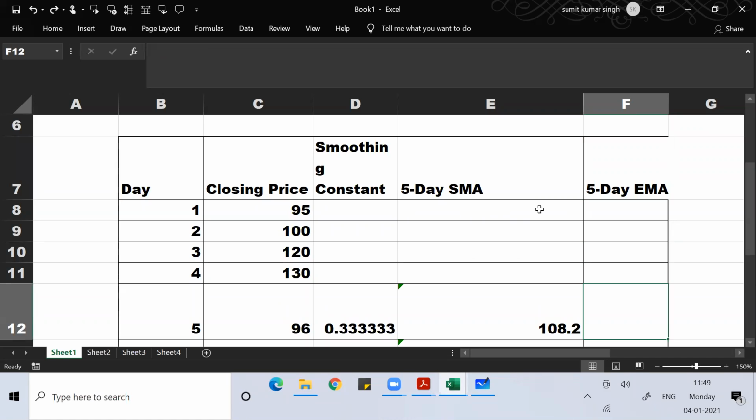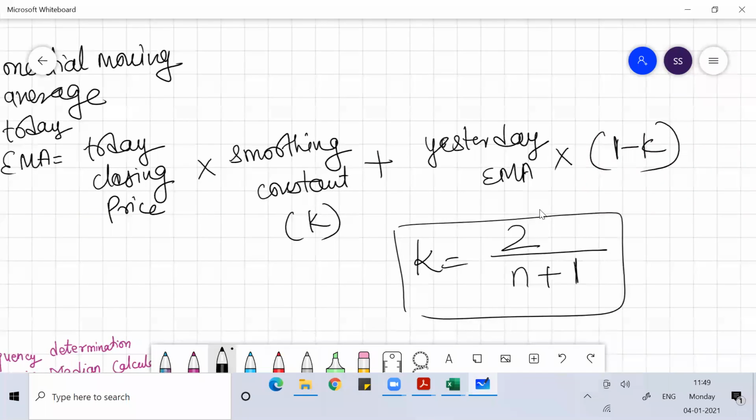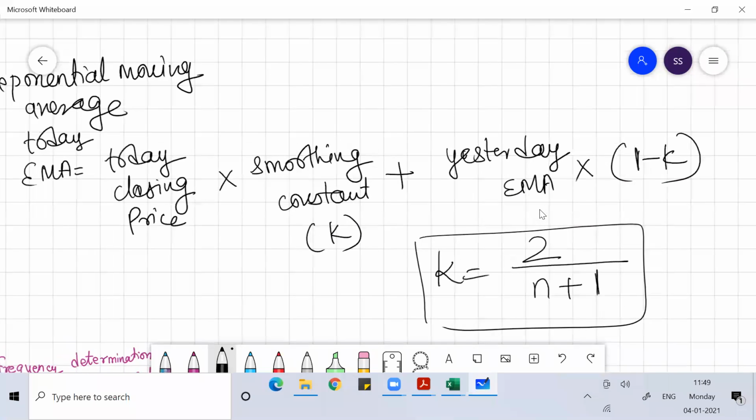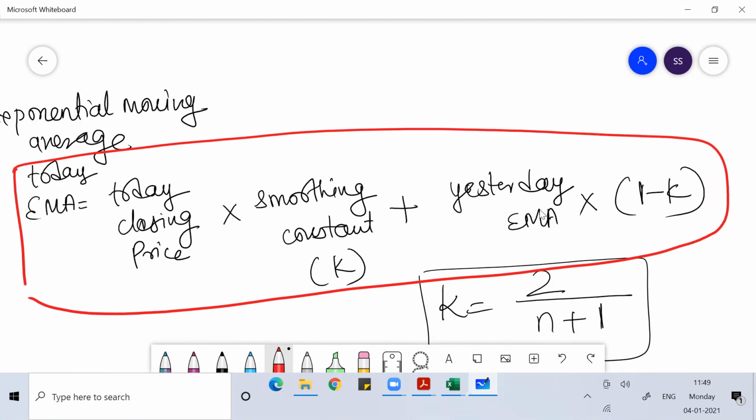For the 5 day exponential moving average, you have to use this formula. Now if you understand this formula, for the first day there's no yesterday exponential moving average.